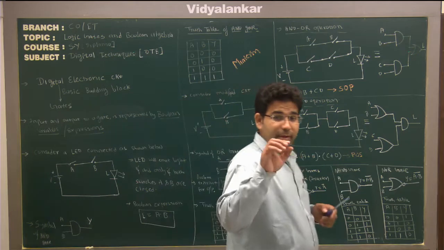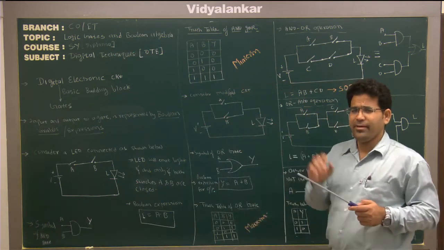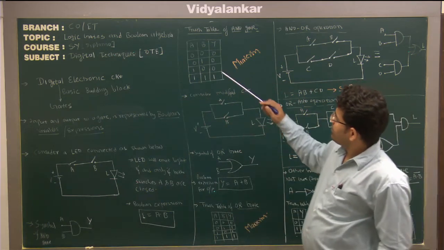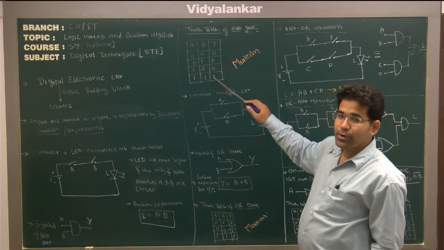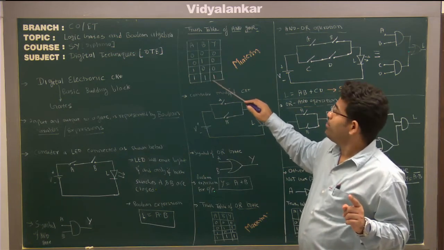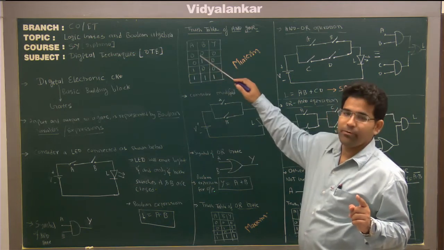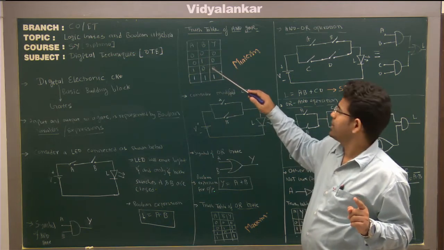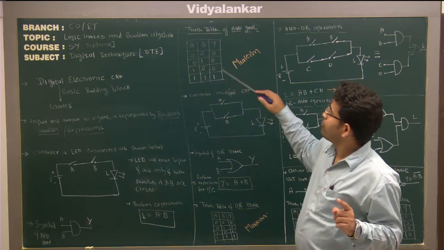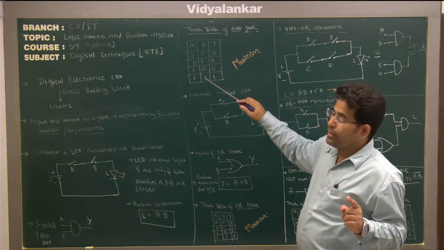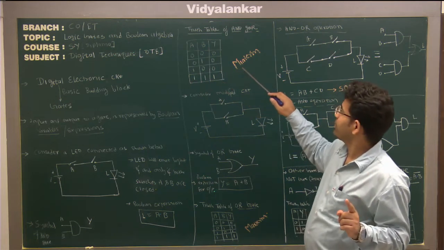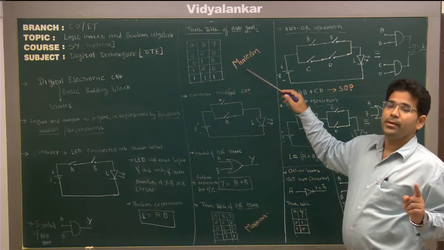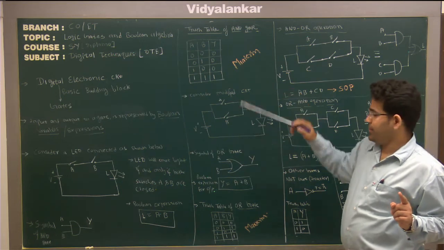Now if we analyze the truth table, we can see in case of AND gate, output is 1 for a minimum number of input combinations. That means out of 4 combinations, only 1 combination gives you 1 output. So that's why this is known as min term or minimum terms.